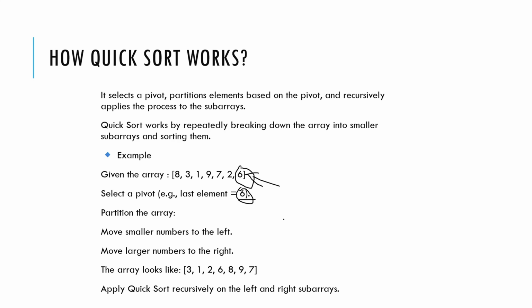Some of the issues with choosing the last element as a pivot are worst-case performance for sorted or nearly sorted arrays. If the array is already sorted or reverse sorted, the last element will be the largest or the smallest in the list. This results in an unbalanced partition.